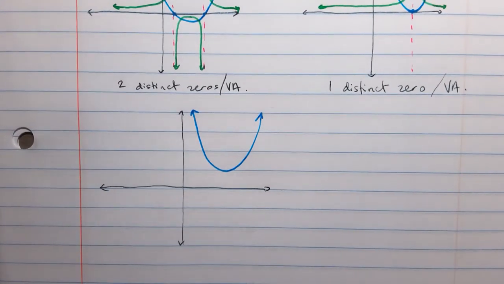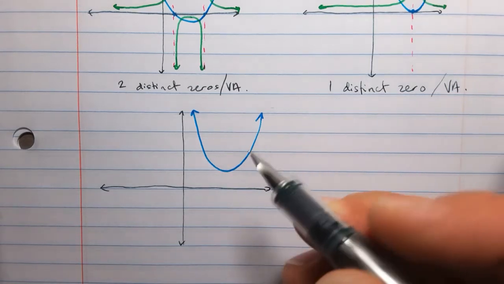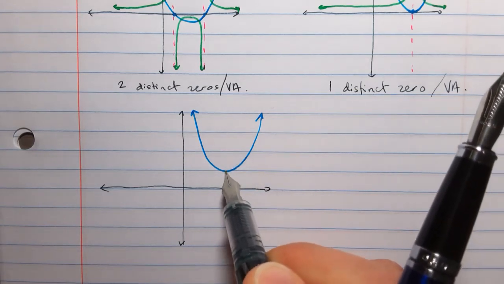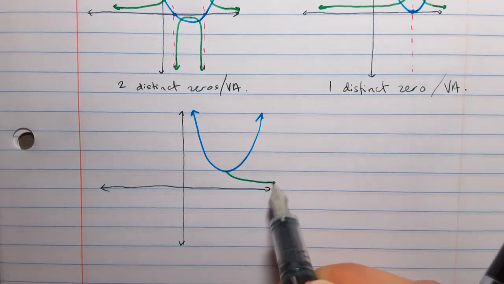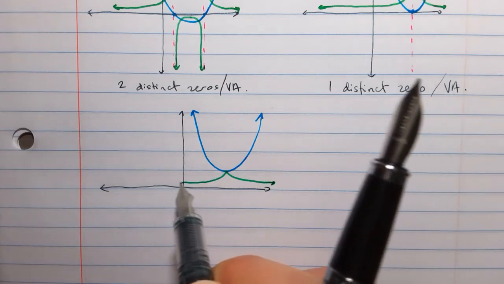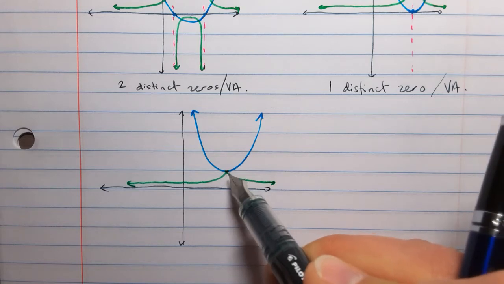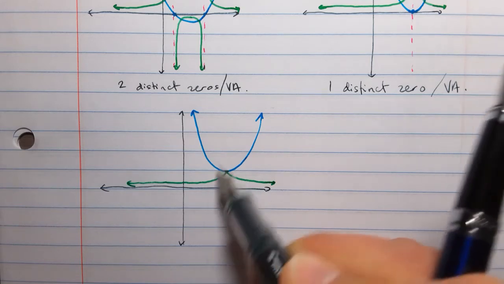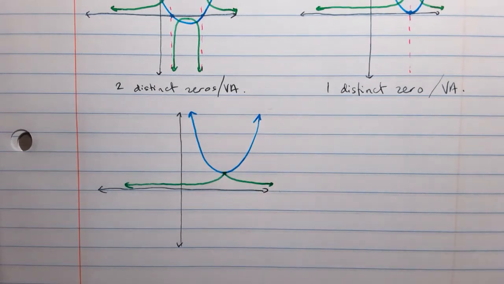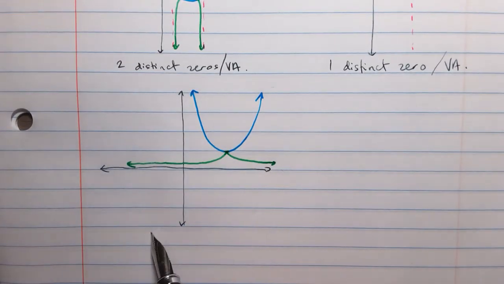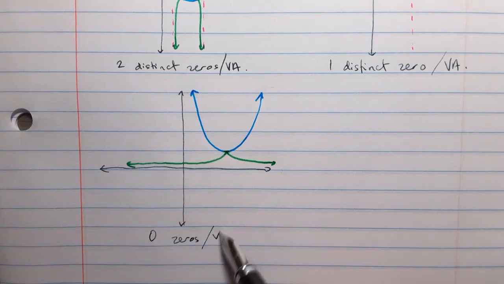So what happens in this case, and this depends a little bit on what these numbers look like precisely, but let's say this was the number 1, the reciprocal of 1 is 1, and you're going to get a shape that looks like this. Now these are touching in this specific example, but that's not always the case. Sometimes they don't touch at all, and sometimes they cross over each other, but we'll see that in a little bit. So this is the kind of thing that can happen when there are 0 zeros, no x-intercepts, and no vertical asymptotes.